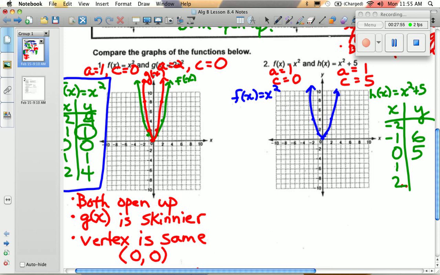So what's it going to be for this one? 9. Now we can repeat the behavior down here. We're putting our critical thinking skills to work. If it's only moving up, then every point has to move up that much. The x's aren't changing, only the y's are, and they're changing by 5. So now we put our new vertex, that's a 6 and a 5.